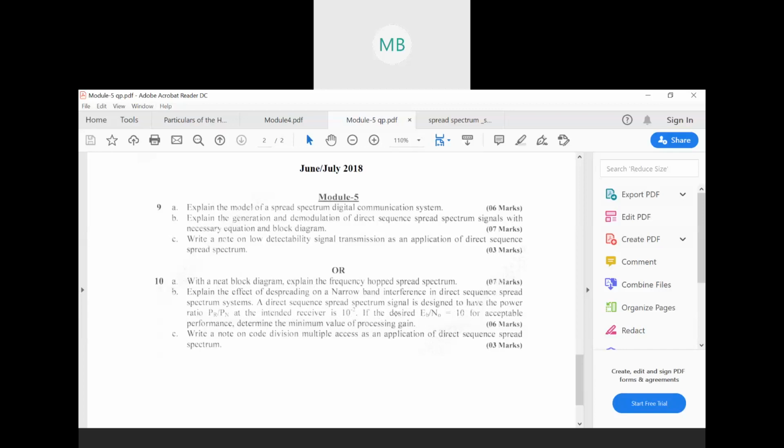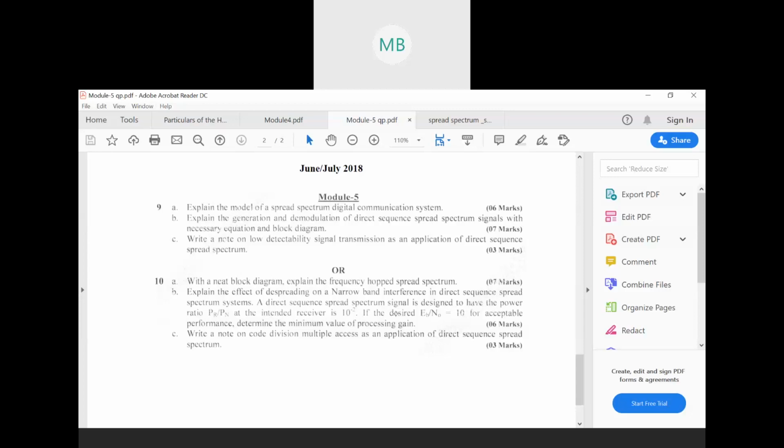And in the first part, you have a theory question related to the effect of despreading on a narrowband interference. For this, you need to explain how you can use the spread spectrum technique to eliminate the effect of interference. So here draw the block diagram with direct sequence spread spectrum transmitter, then channel and receiver section.